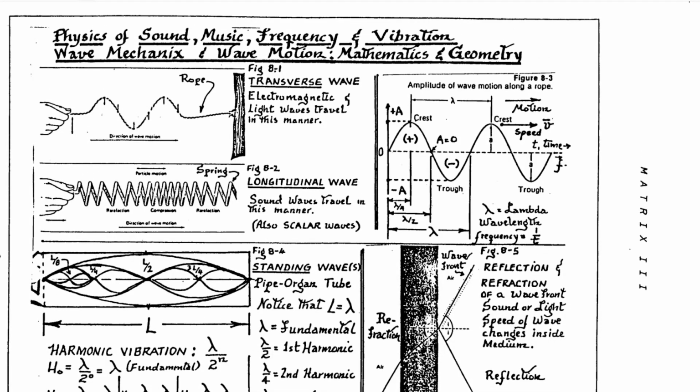Physics of sound, music, frequency, and vibration, wave mechanics, wave motion, mathematics and geometry. We have images, figures. This one, figure 8-1, transverse wave: electromagnetic and light waves travel in this manner. Figure 2, longitudinal waves: sound waves travel in this manner.